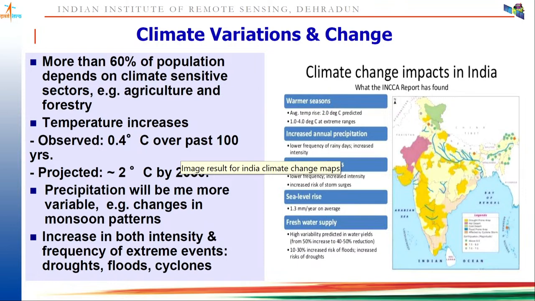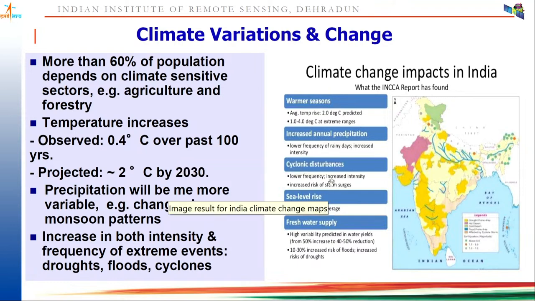This kind of condition will come in the future: heavy rains accumulated in a few days, and the majority of this rain will be lost as overland flow. It will not be used for recharging the soil water in the root zone, so the crop may not be able to utilize it. So there will be an increase in the frequency of drought, as well as floods. Both kinds of situations will be witnessed year round due to climate change.